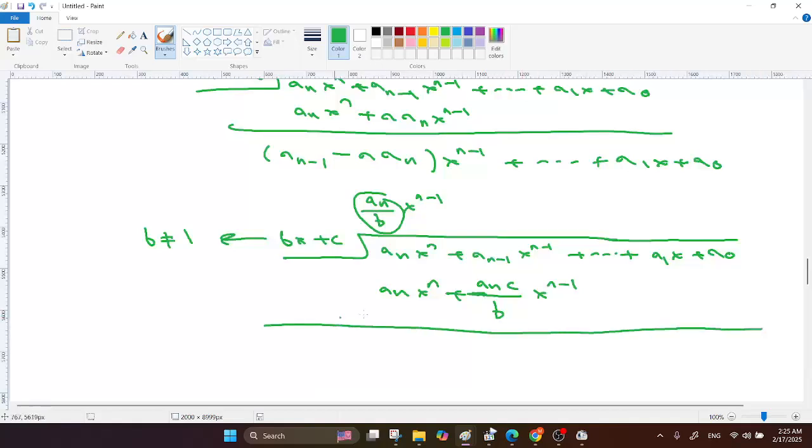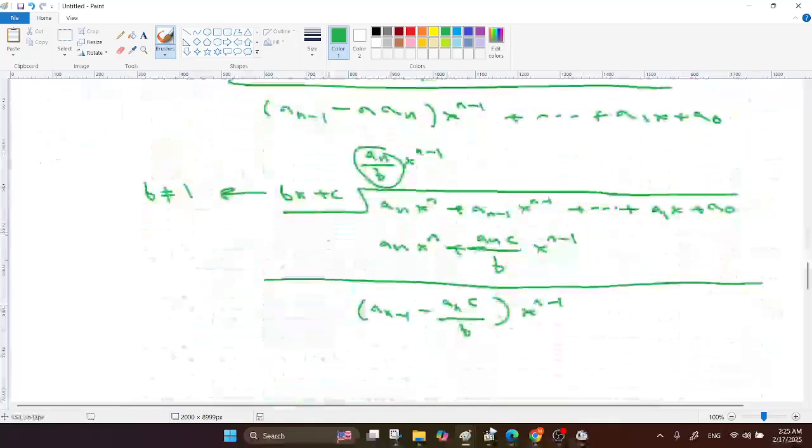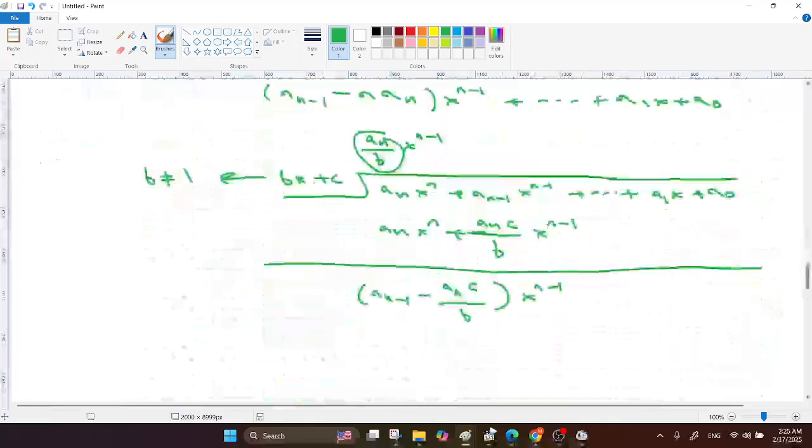Now, when you subtract, you get an minus 1 minus an c over b x to n minus 1. Okay, so if b equals 1, synthetic division is correct. But here you see the problem now. How to fix this problem?